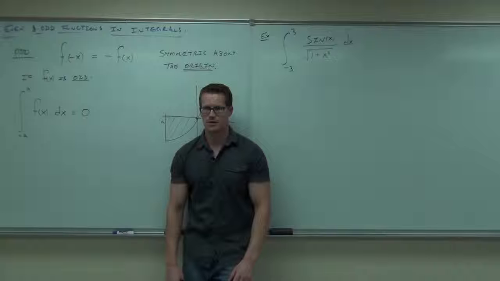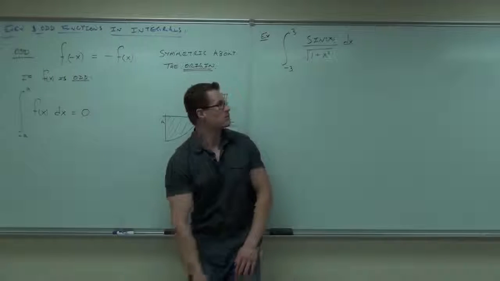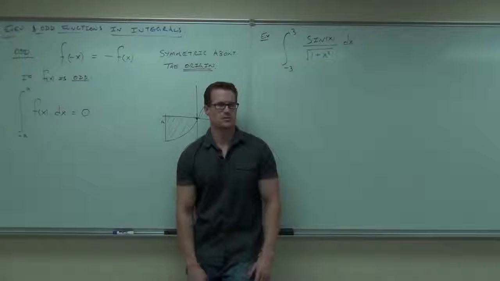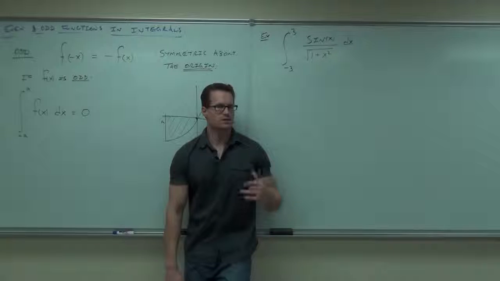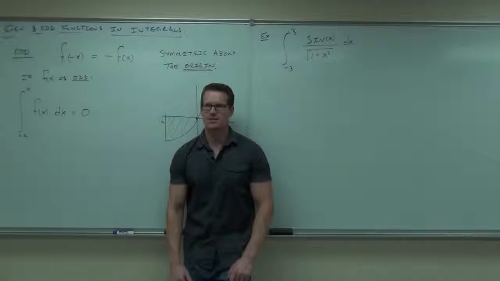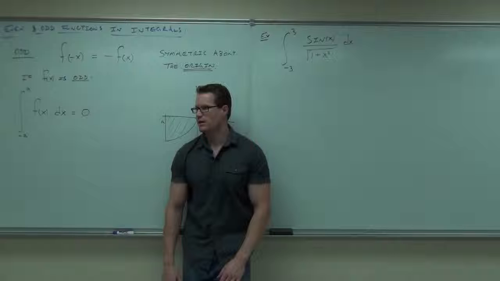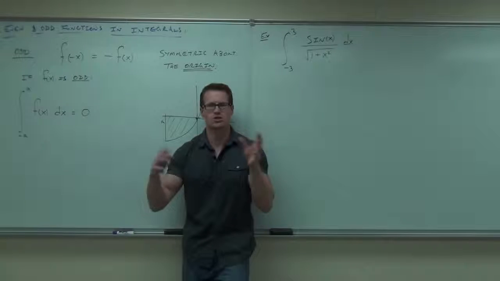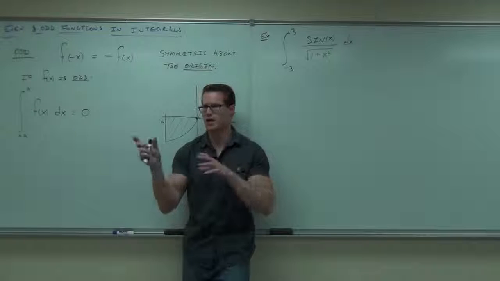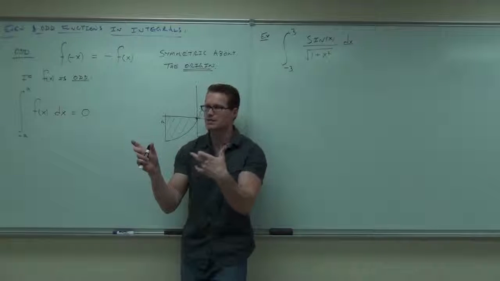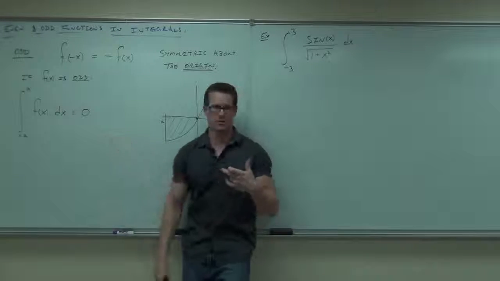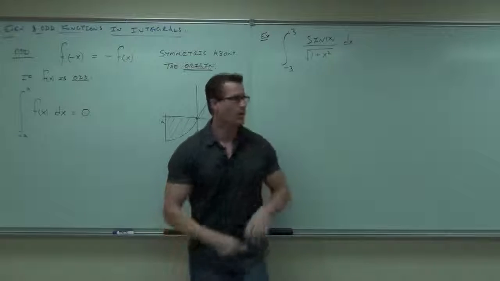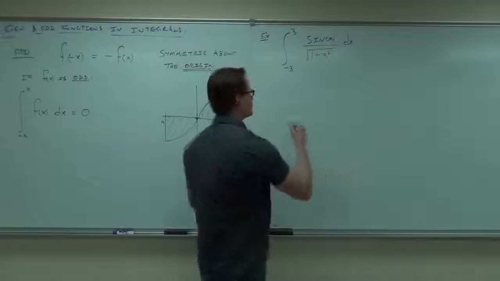That doesn't appear. Take sine x, there's no cosine. You're stuck. The only thing you can do is say, well, it's going from negative 3 to 3. Let's see if this is even, or let's see if this is odd. If it's even, we're probably stuck anyway, because we still can't do the integral. Even doesn't get you away from the integral. It just says I can multiply by 2 and have a 0 in it. That's nice. Odd gets you away from the integral. That's even better. So let's try to see if this thing is odd.